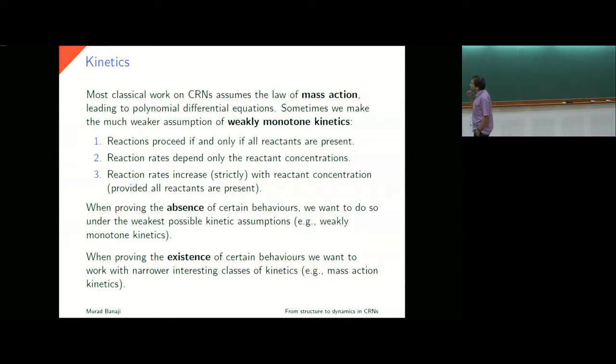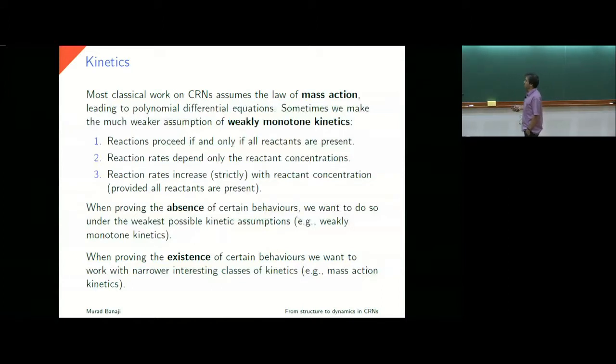But anyway, mass action kinetics is historically the most often used kinetics in chemical reaction networks, but you might want to use something weaker. So an example of something which makes less strong assumptions would be something like weakly monotone kinetics, which says, roughly speaking, that reactions can proceed if and only if all the reactants are present, and the rates of a reaction depend only on the reactants. So if something doesn't appear as a reactant, then it can't affect the rate of a reaction. You might argue with that assumption.